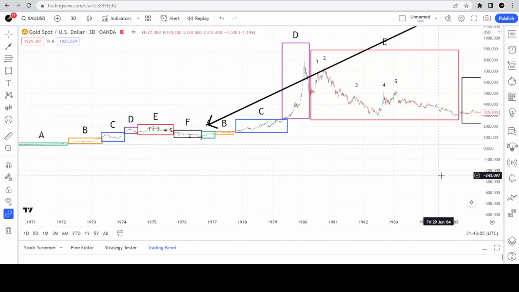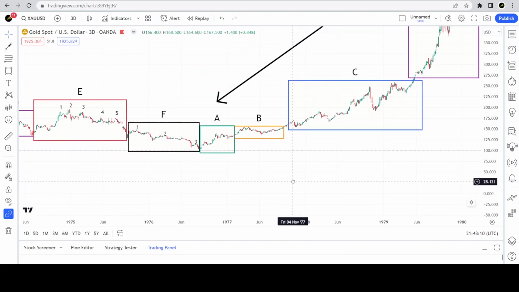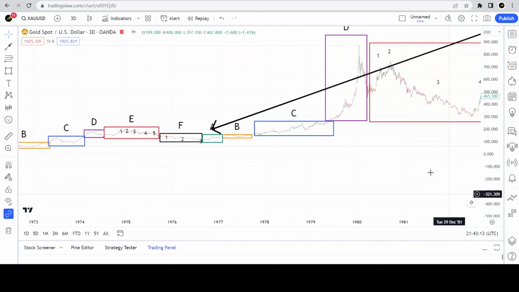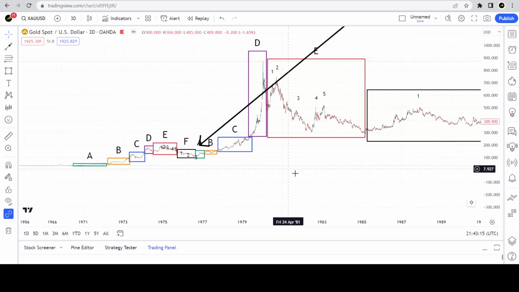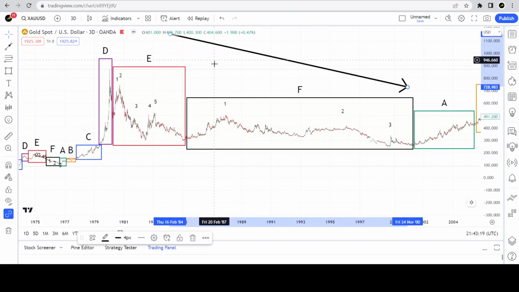It's a little small compared to what this is. There you go, right there. So it completes the cycle with F, and it starts again.